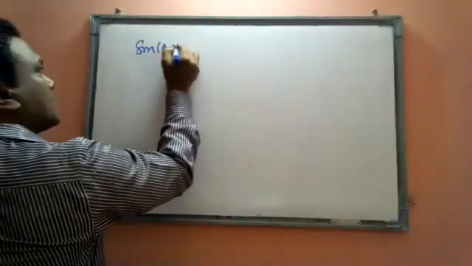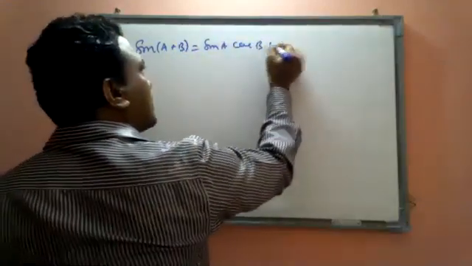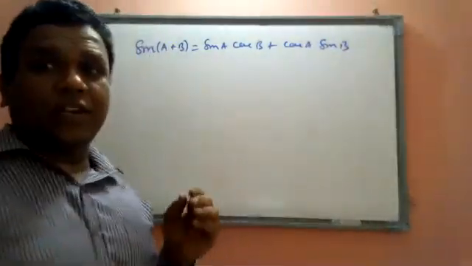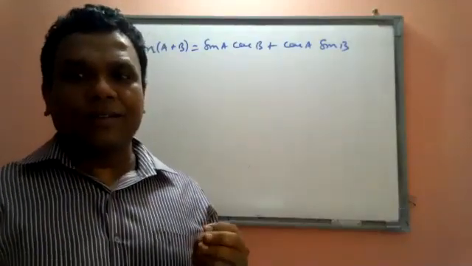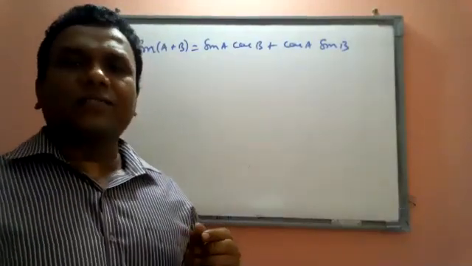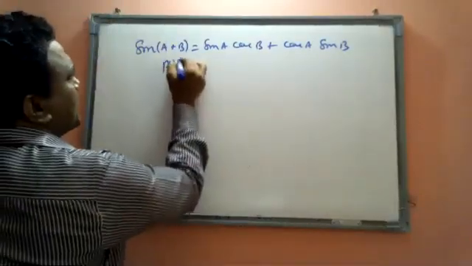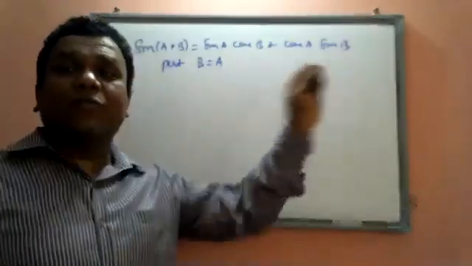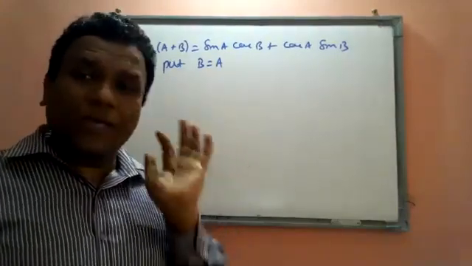Okay, let me start with this. We have this formula: sin of a plus b equals sin a cos b plus cos a sin b. Now I make a small change. Wherever b is there in this formula, on the left hand side and the right hand side, I'm going to replace it by a.